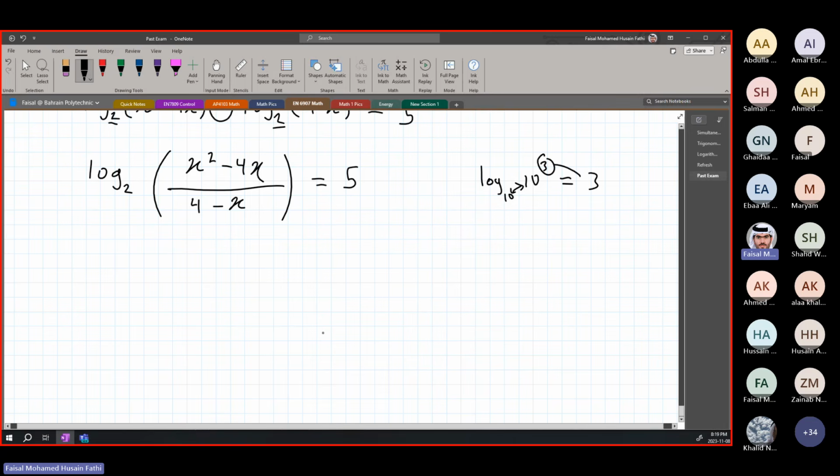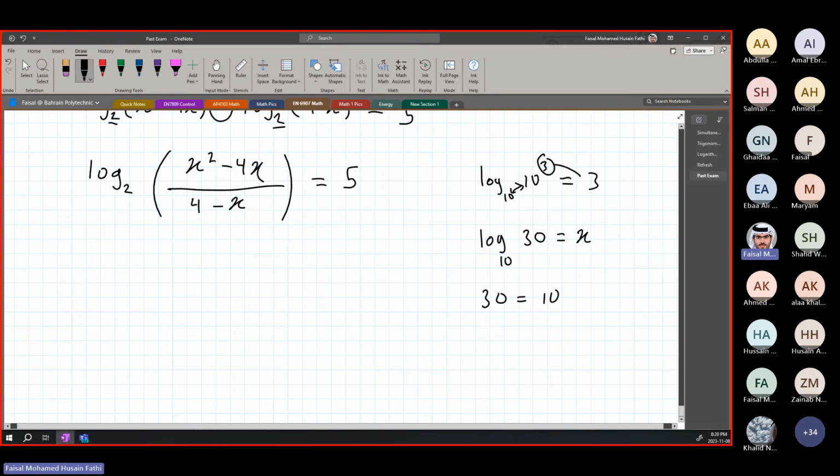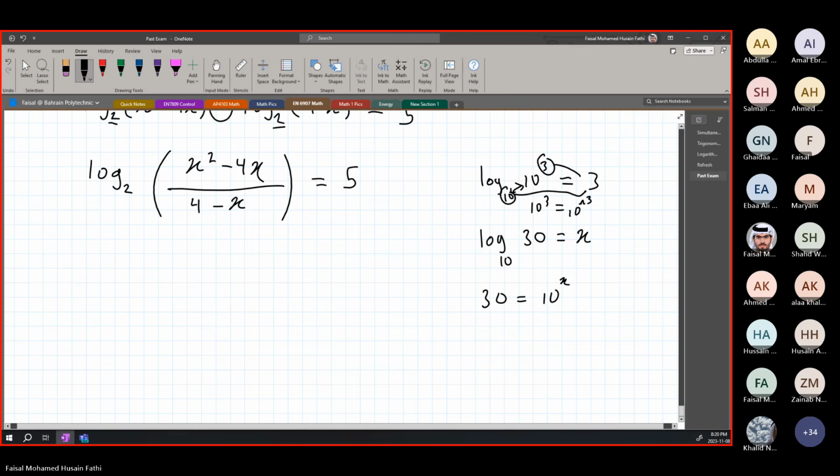Since it's the same base, log of 10 to the power 3 equals 3. Let's say we have log base 10 of a random number, say 30, equal to x. What does this mean? It means 30 equals 10 to the power of x. So this is the log, the first law we learned in logs.